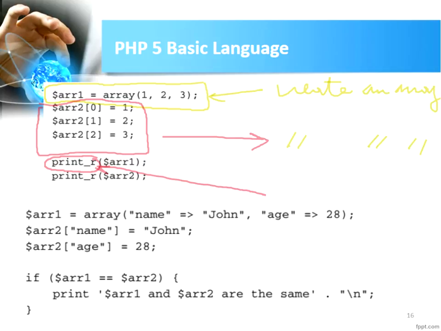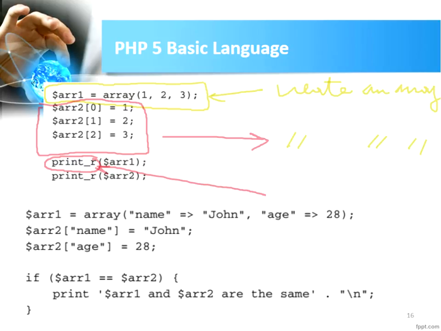So here we use print_r. print_r displays information about a variable in a way that is readable by humans. I repeat, print_r is a predefined function, and this function displays information about a variable.